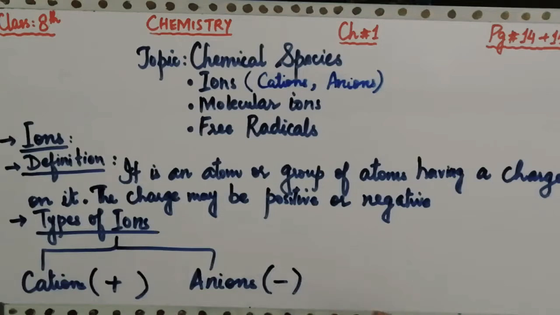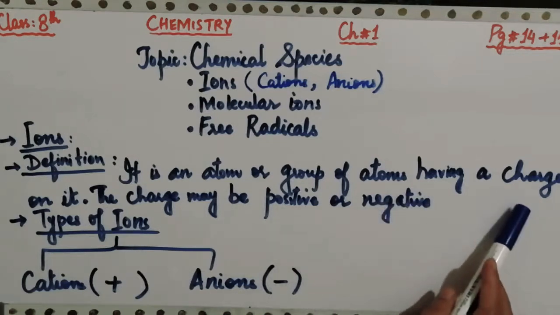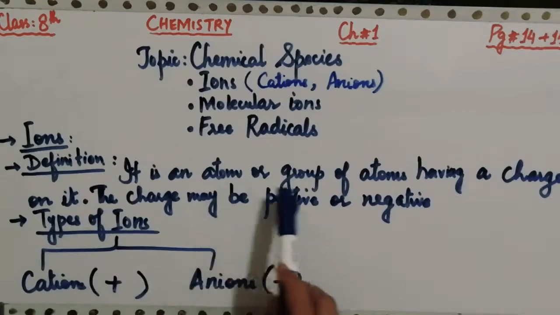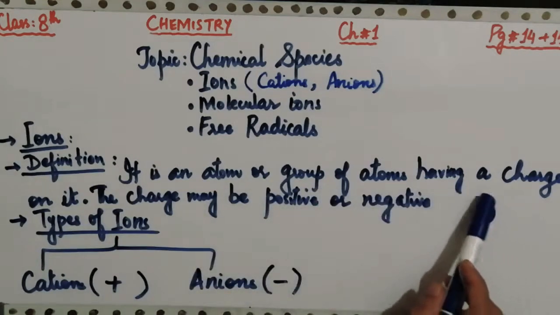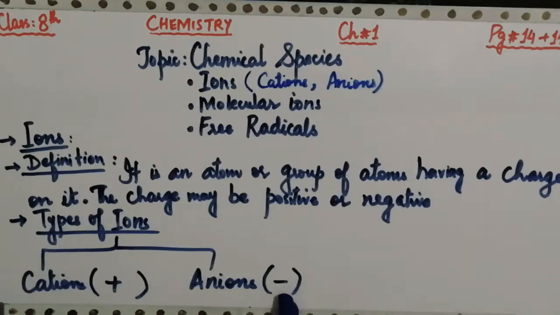So finally we can define cation in this way: an atom or group of atoms having a positive charge on it is called cations, while anions can be defined as an atom or group of atoms having a negative charge on it. So after the definition you have to write down some other headings related to the cations and anions.